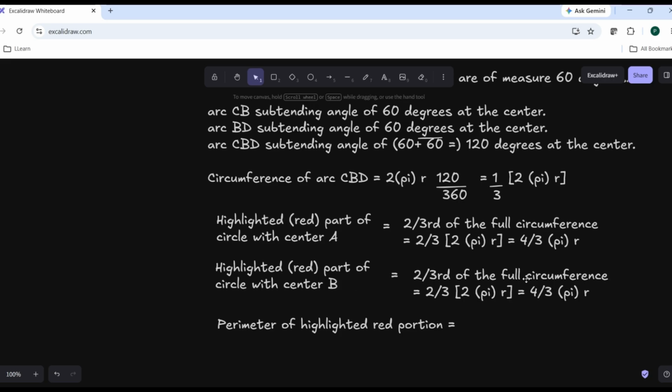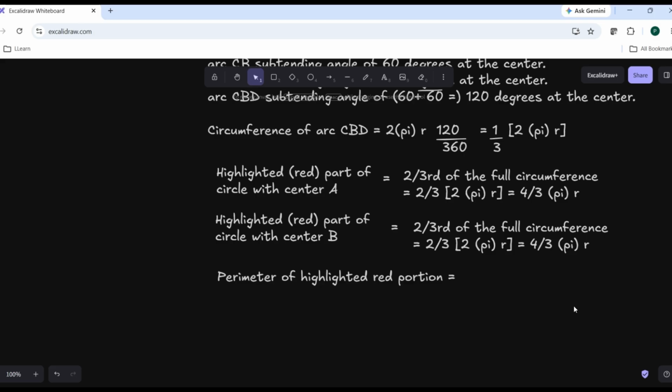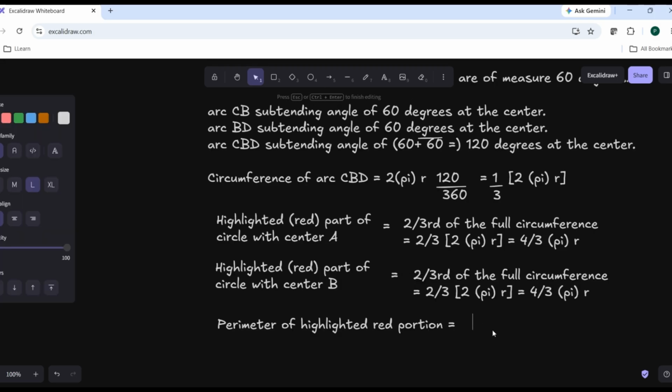The highlighted red part of the circle with center B will be 2/3 of the full circumference, which means it will be 4/3 pi r. So if we sum both these portions, we will get the perimeter of the highlighted portion.